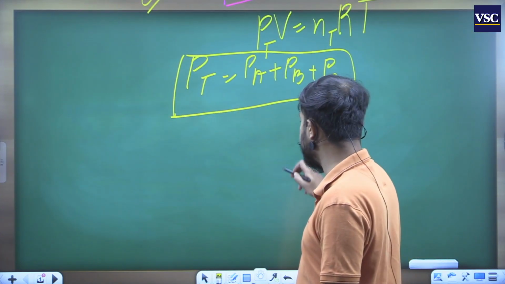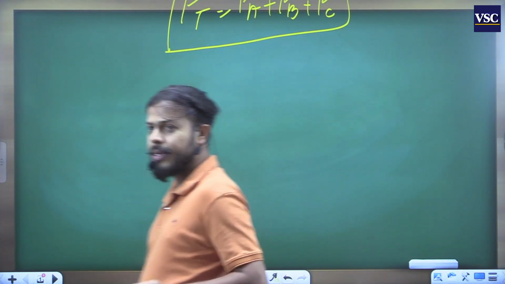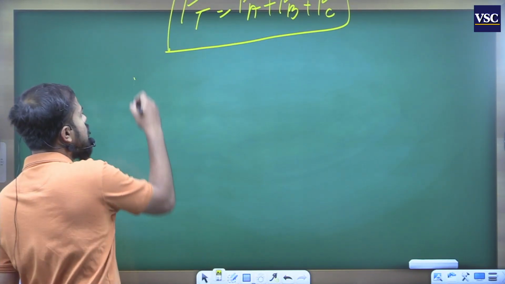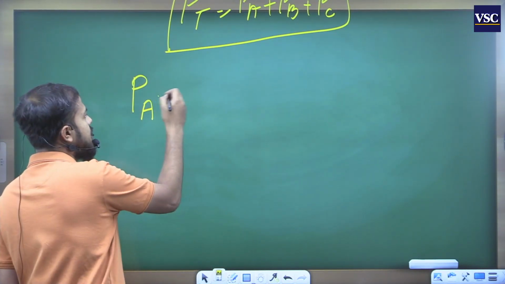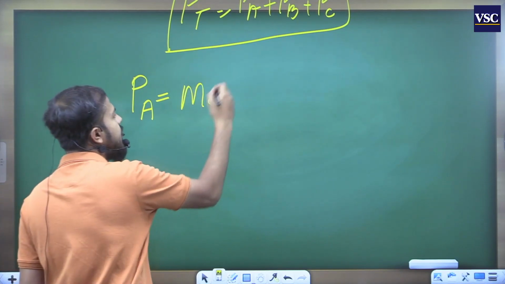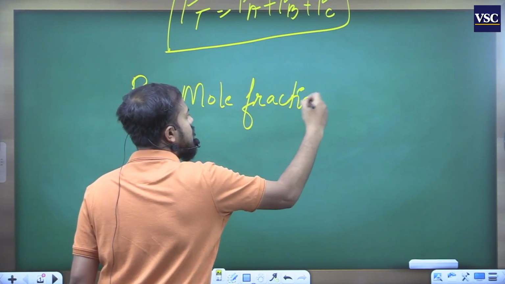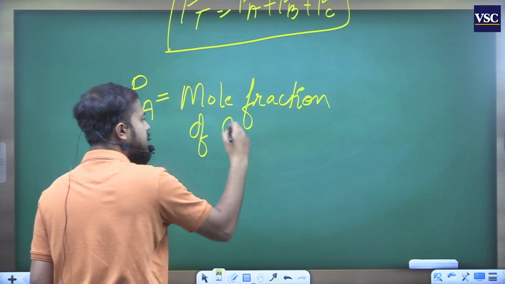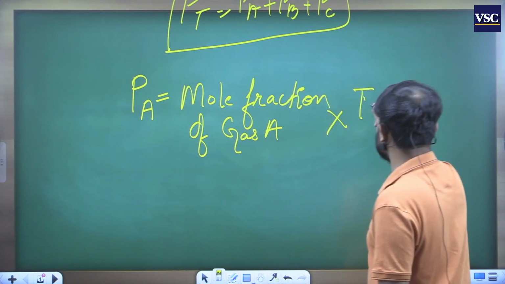The other important way to calculate the partial pressure, and this is quite an important formula, is that if you want to find the partial pressure of A, just write the mole fraction of gas A into total pressure. That's it.